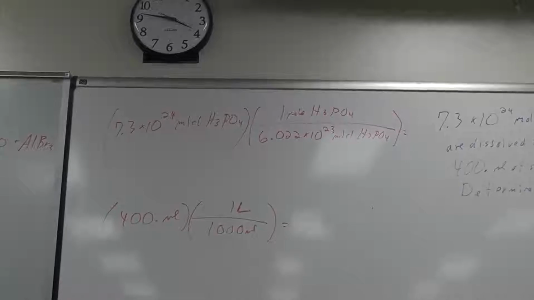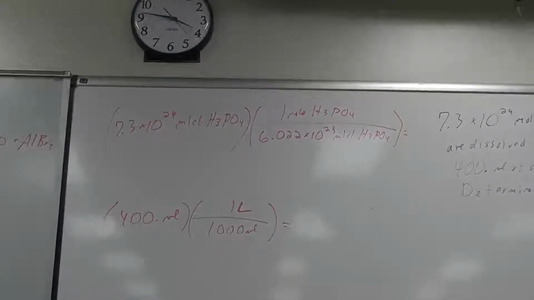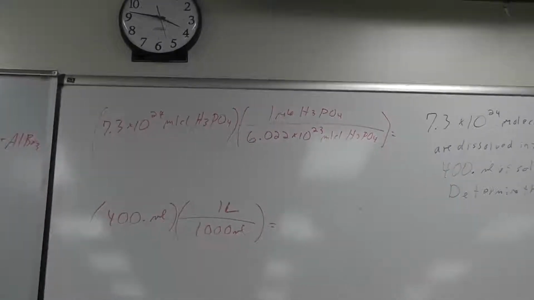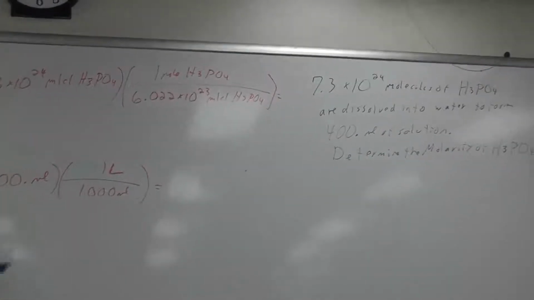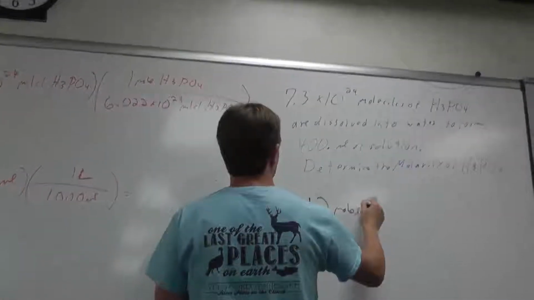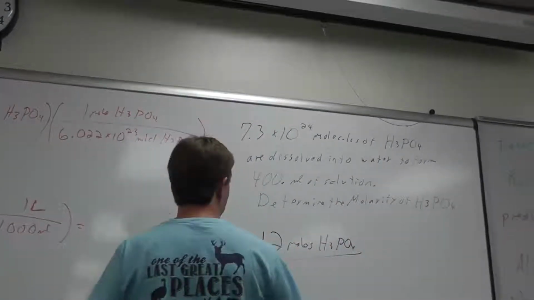Molarity by definition is moles per liter, so we take the molecules and convert to moles by Avogadro's number. And with two significant figures, I'm getting 12. And that's in 0.4 liters.